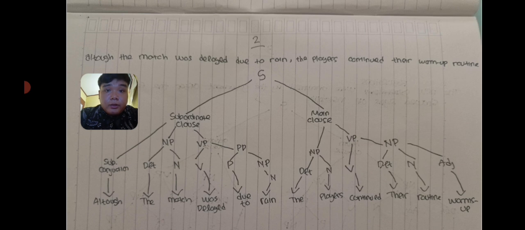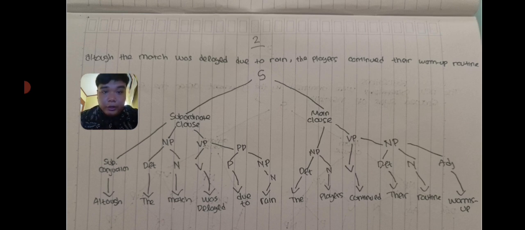The sentence is "although the match was delayed due to rain, the players continue their warm-up routine." In this sentence, we divide it again into two clauses, which are the subordinate clause and the main clause. We discuss the subordinate clause first.